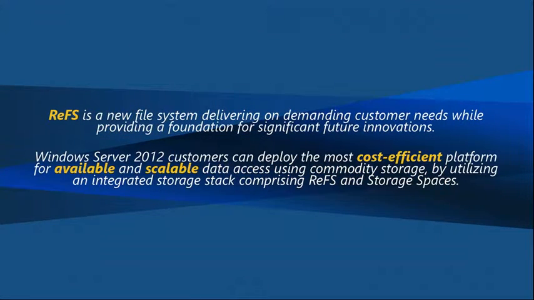Now, ReFS is a brand new file system that is delivered for demanding customers' sizing and innovations, building on over 20 years of experience inside NTFS. It's reached the point in time where it now needs to get a little bit more robust in what you can do. We've taken our learnings from the NTFS environment and then brought them inside ReFS.